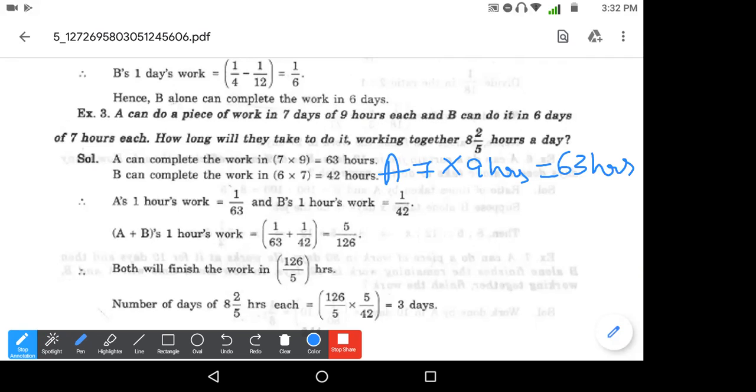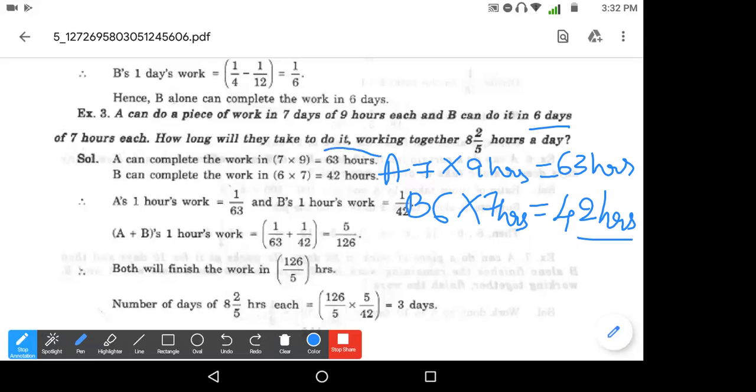And then B is taking 6 days, 7 hours each day. So he is working for 42 hours. 6 sevens are 42. So the total number of hours for A is 63 and the total number of hours for B is 42.